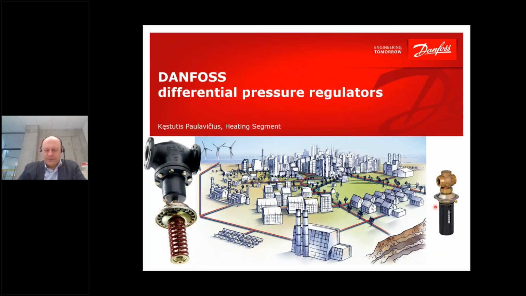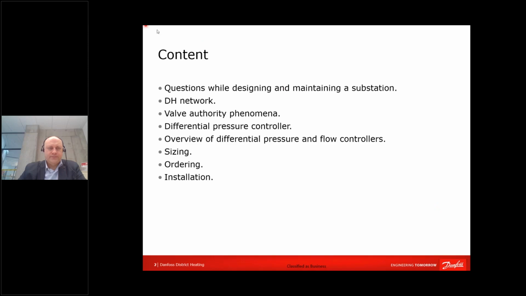We'll speak about differential pressure controllers and phenomena. How does it go? So we are starting from the questions. There are questions which arise during designing and during maintaining of a substation. There are questions about the district heating network.